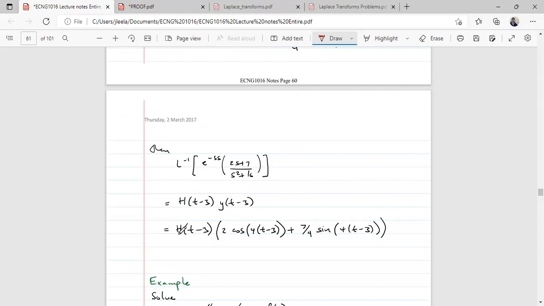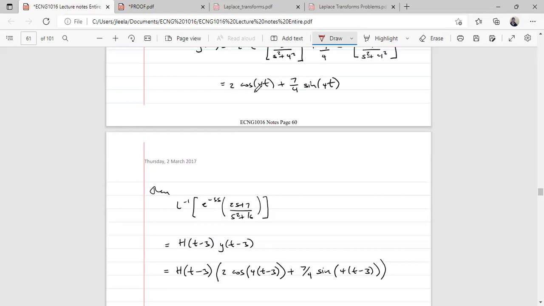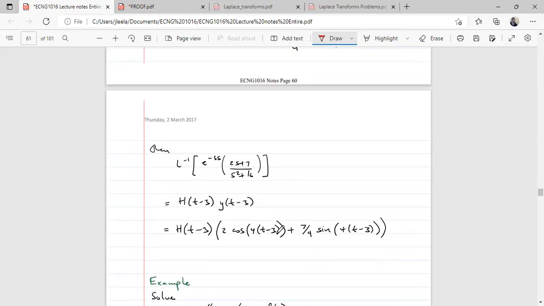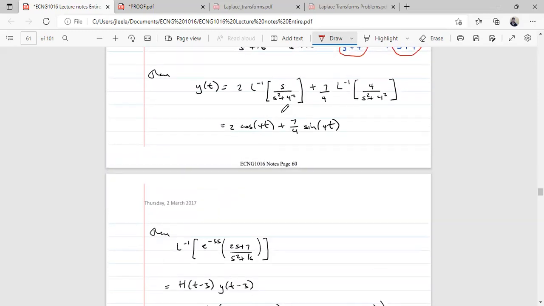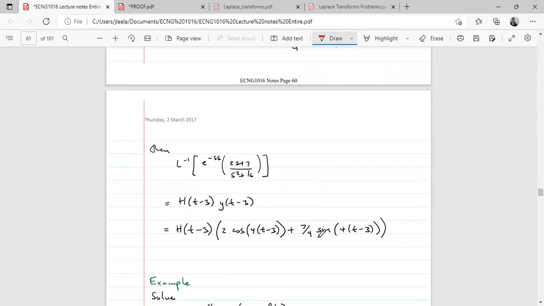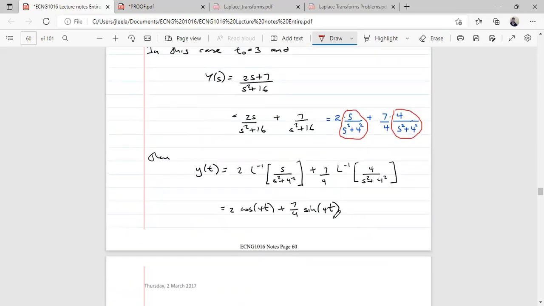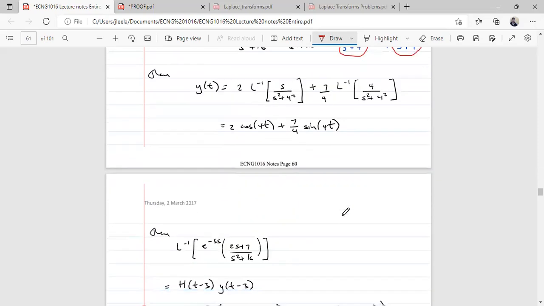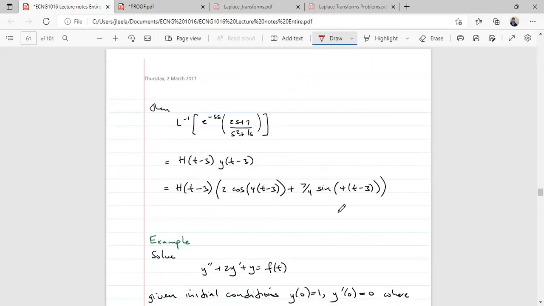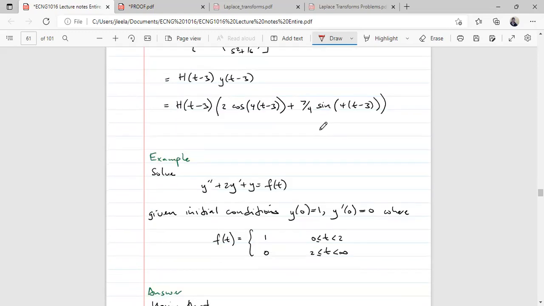So that will be the Heaviside at t minus 3, times 2 cos 4 times (t minus 3), so the t shifted to t minus 3, and then 7 over 4 sin 4 times (t minus 3). So you just shift the t to t minus 3 based on the definition and how to evaluate the Laplace of a Heaviside.